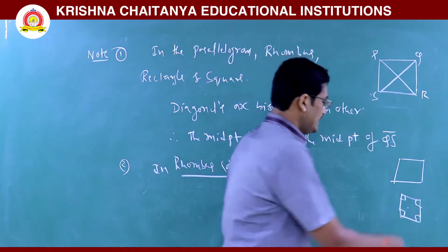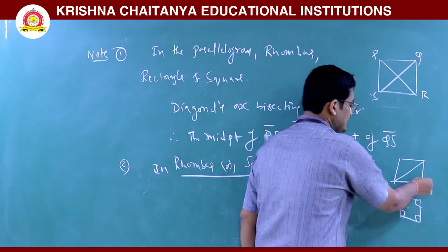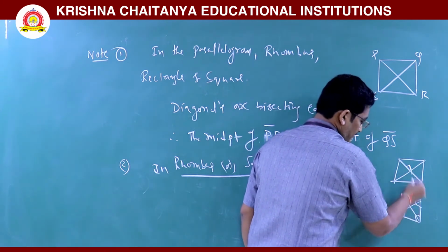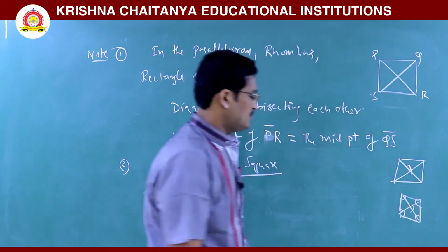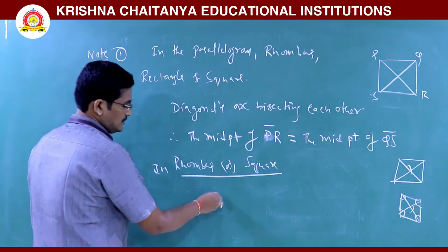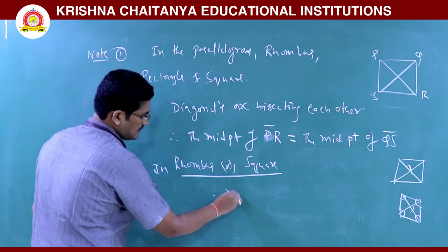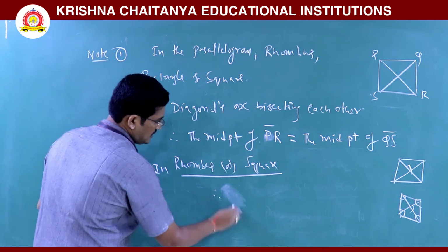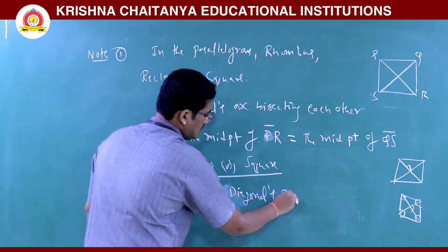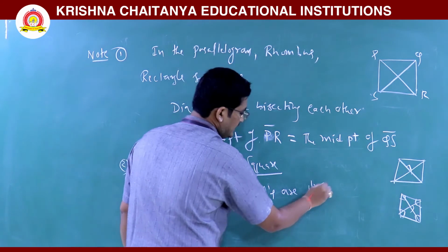In these two, diagonals are perpendicular to each other. In square and rhombus, there is one more property: diagonals are perpendicular to each other.